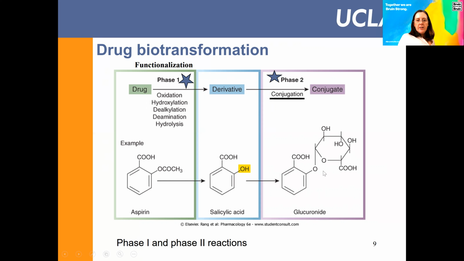Here you have that big glucuronate that was added, conjugated to this salicylic acid, that derivative of aspirin, into a bigger, more polar metabolite that will be excreted by the kidney. So this shows you step one and step two reactions for the drug, in this case aspirin.